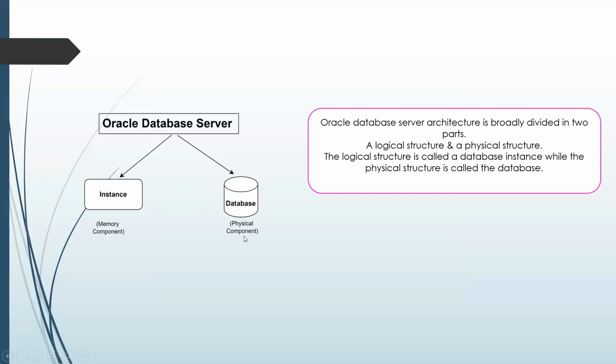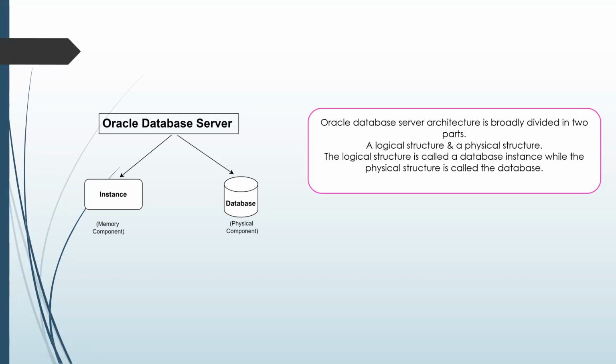The memory component, we call it the instance. And why do we call it the memory component? Because this instance that you see over here in this diagram will be loaded in, or will be present in, the memory of the server. So that's why it is called the memory component of the Oracle database server.